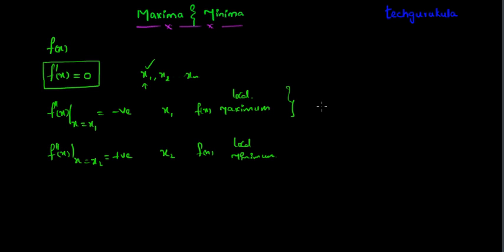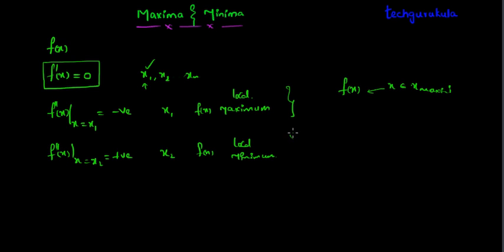When you have multiple local maxima, you look at the value of f of x for all those x. If you substitute each x value and find f of x, the x for which f of x is maximum is called the global maxima.